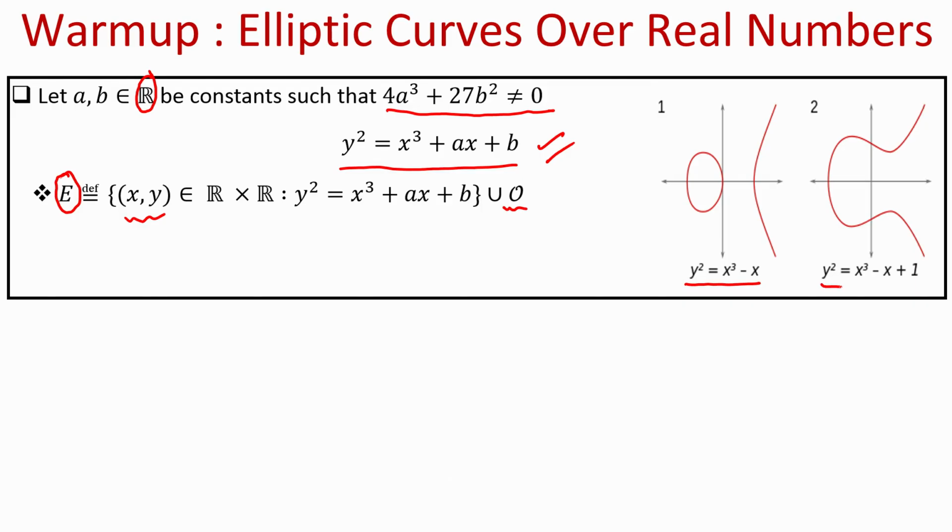In the same way, if I take the curve y square equal to x cube minus x plus 1 and plot all the real x comma y satisfying this equation, then I obtain this curve.